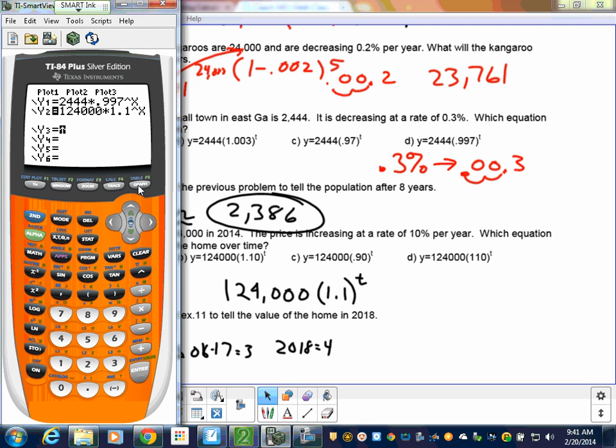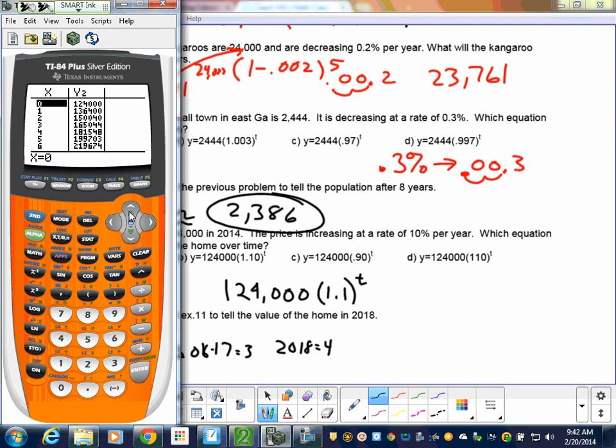I can plug that in there, and I can see every possible situation that would ever happen. There's my 2014, 2015, 2016, 2017, 2018, 181,548.